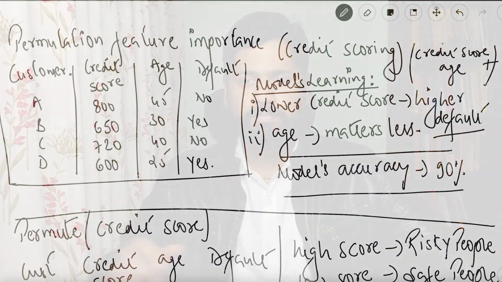The core concept here is we take a feature, we rearrange its values, and we see how the model responds compared to the actual values. If the prediction falls so much, we can say that this specific feature holds higher importance for this model. Let's check out an example.